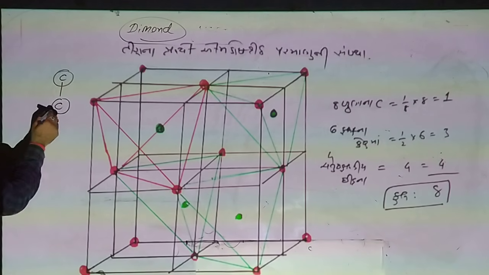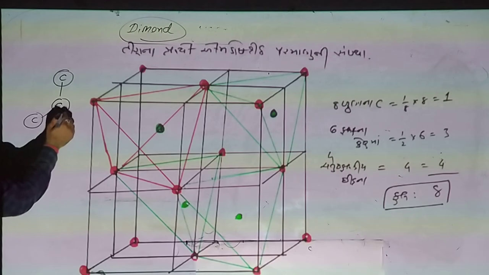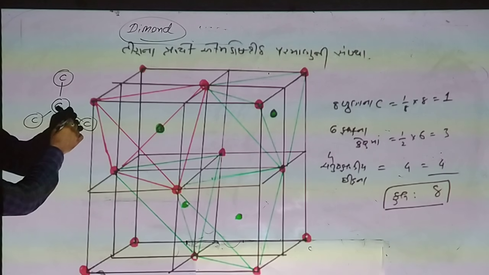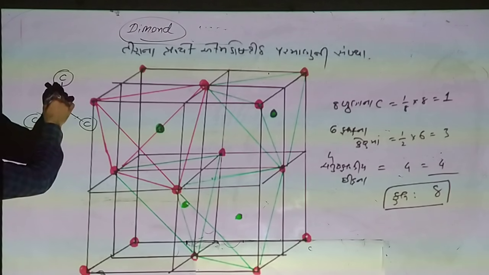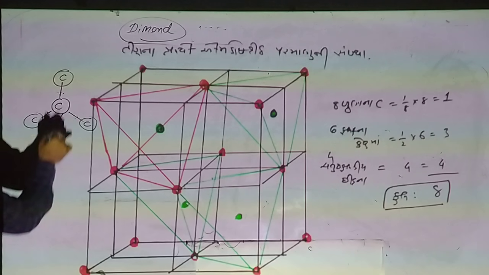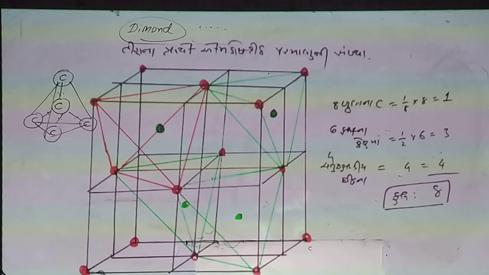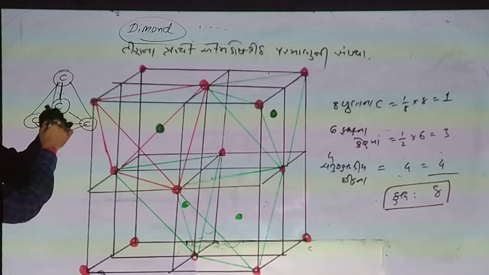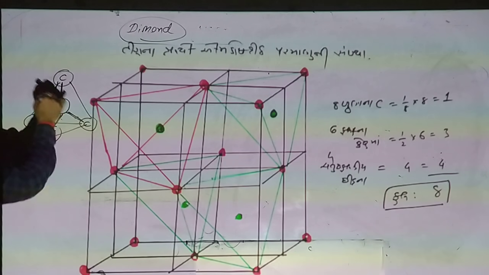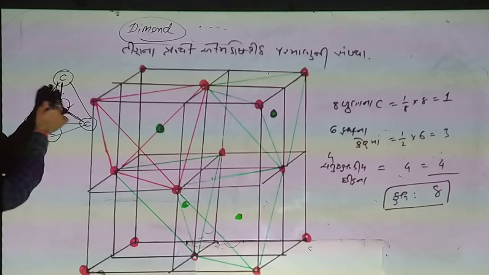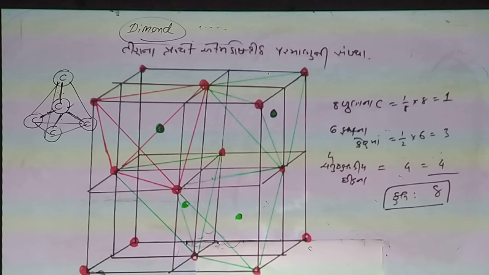We know every carbon is attached with another 4 carbons by covalent bond, and it is a strong covalent bond. So the shape of this portion is tetrahedral. Every carbon is surrounded by another 4 carbon atoms, and every carbon is lying between the tetrahedral voids.